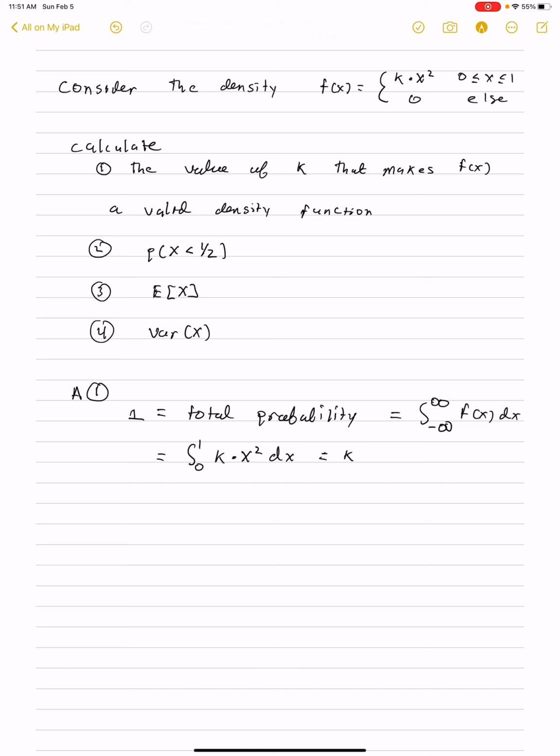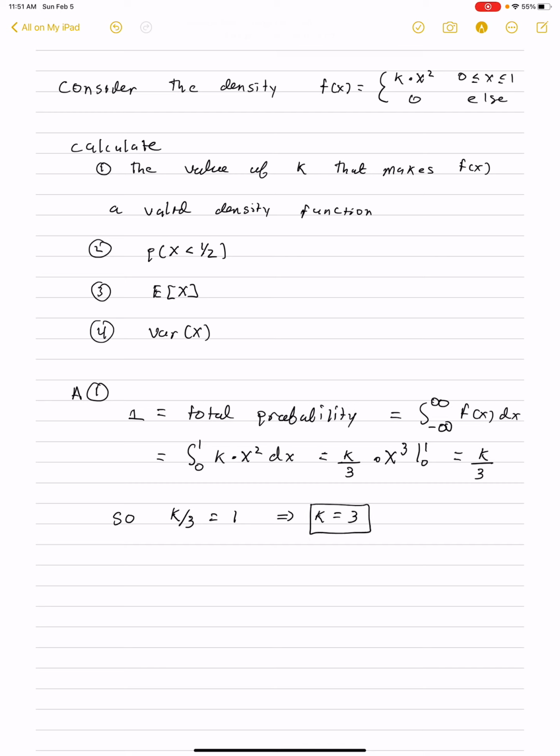This will be k over 3 times x cubed, evaluated at 0 and 1. And when we do the evaluation, we're just going to get k over 3. So k over 3 must be equal to 1. That tells us k is equal to 3.